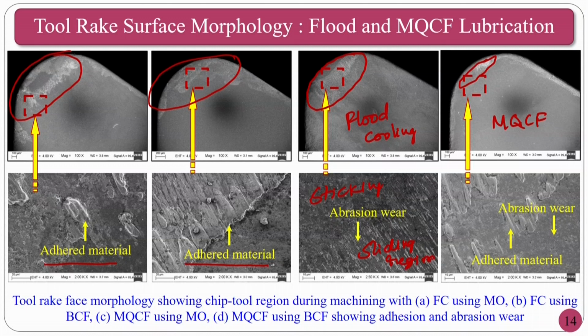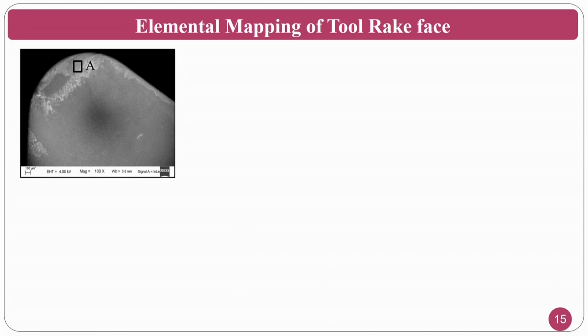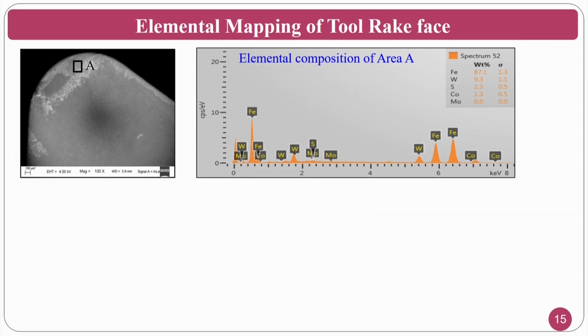Now, how do we check the elemental mapping? This is the area for the same tool. You have already seen backscattered and secondary electrons; now X-rays. How will the X-rays help me? X-rays help in detecting what the elements are. Backscattered gives me the phases; here it gives me the elements.